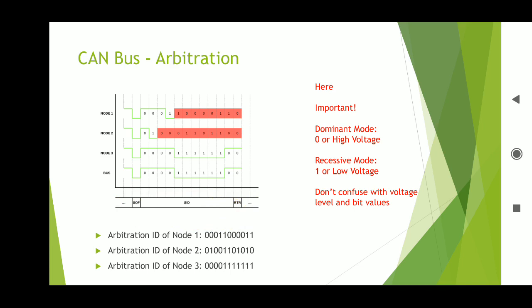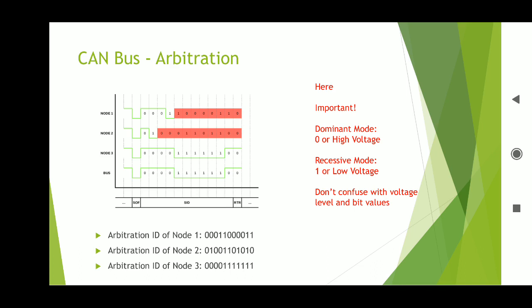In order to understand CAN bus arbitration, first we have to get a clear idea about the dominant mode and recessive mode. Previously I gave an introduction to dominant mode and recessive mode.